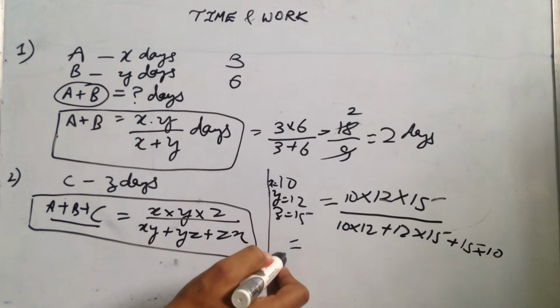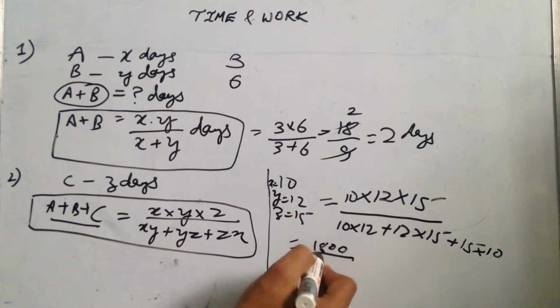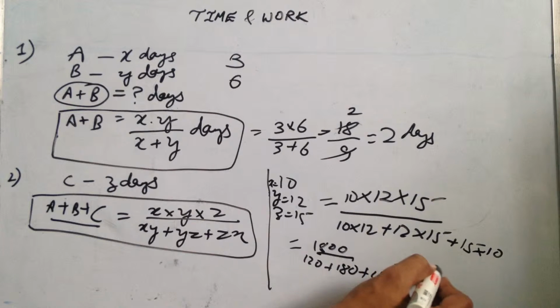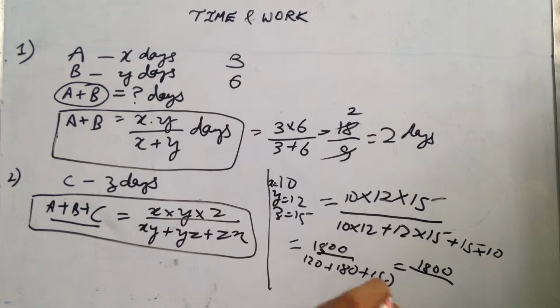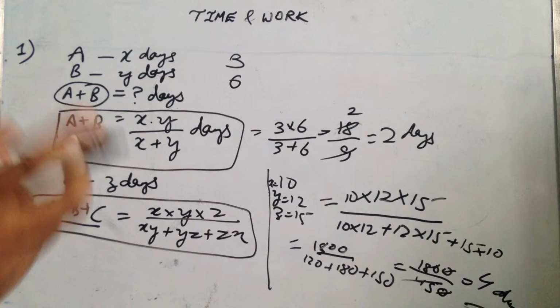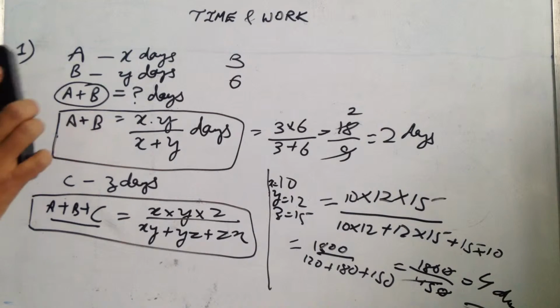So which will be 120 plus 180 plus 150, which will be equal to 450. So if you divide this, it will be 4 days. So the answer is 4 days. So here I have shown you the two types. Now let's see the next type for time and work.